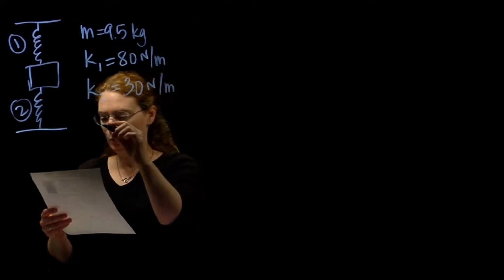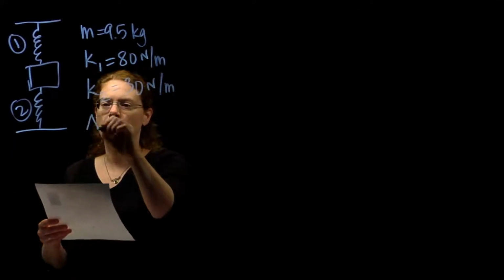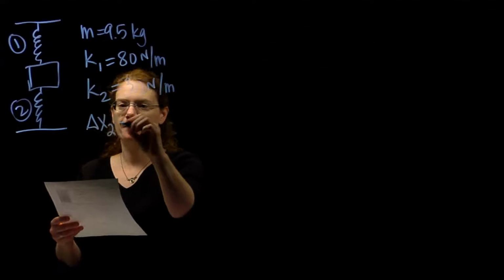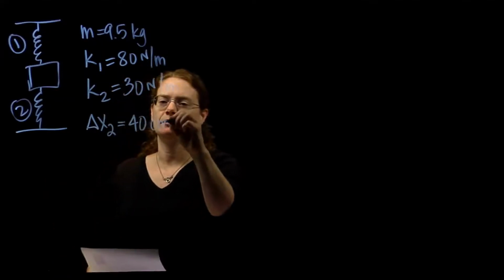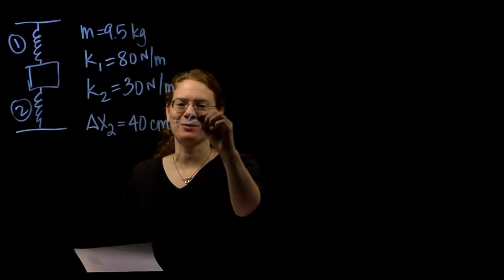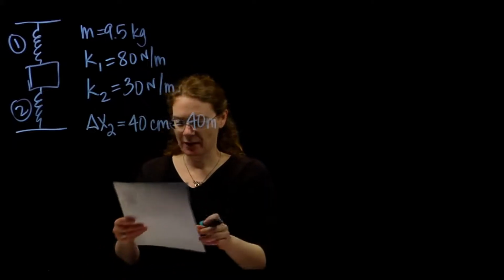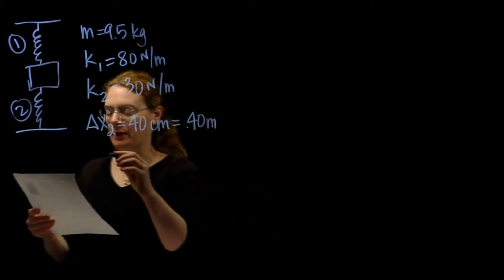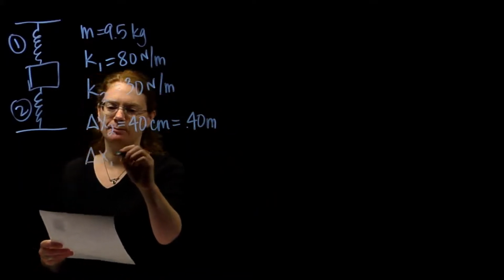The bottom spring is stretched 40 centimeters, so delta x for the bottom spring is 40 centimeters, and I'm going to convert that immediately to meters so I don't mess myself up. We want to know how much the top spring has stretched, delta x1.